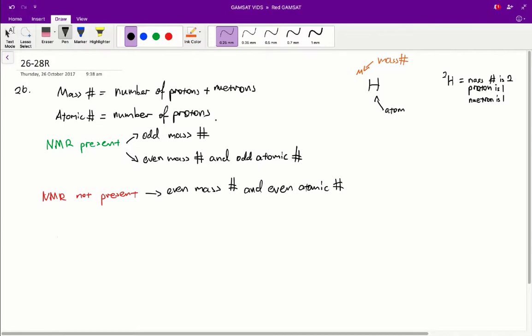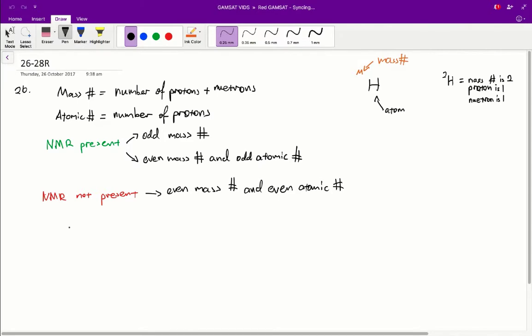If you're unfamiliar with how to find the mass number, it is the number at the top left-hand corner of the atom. For example, 2H means that the mass number is 2, and from there we can say that the number of protons in this atom is 1 because it's hydrogen, and the number of neutrons must be 1 because 1 plus 1 is 2.